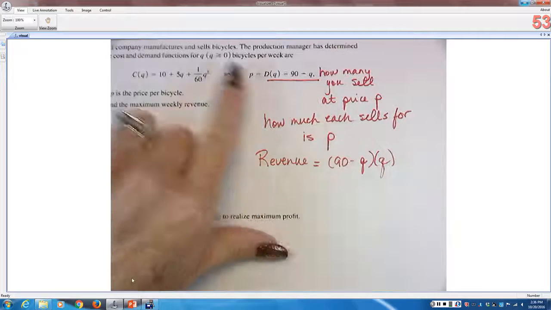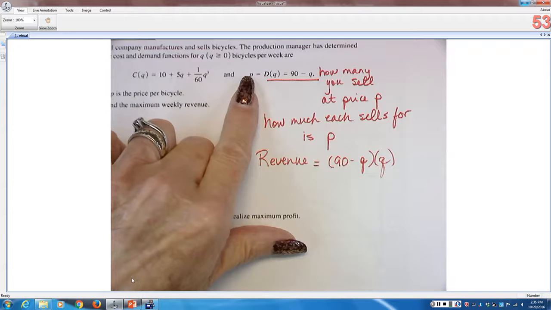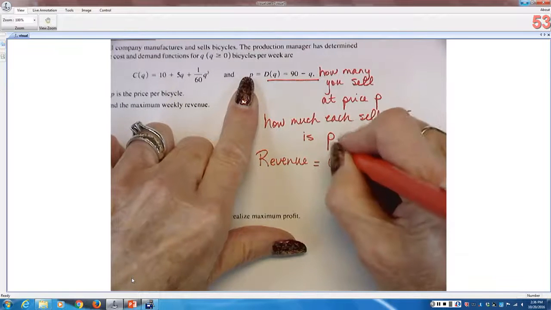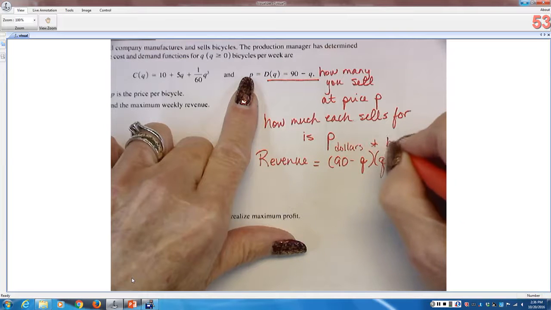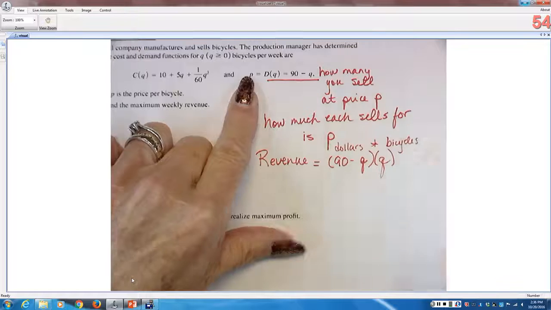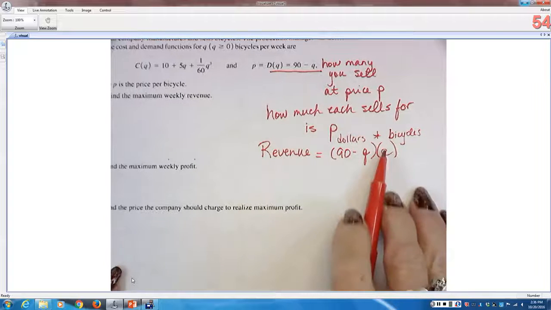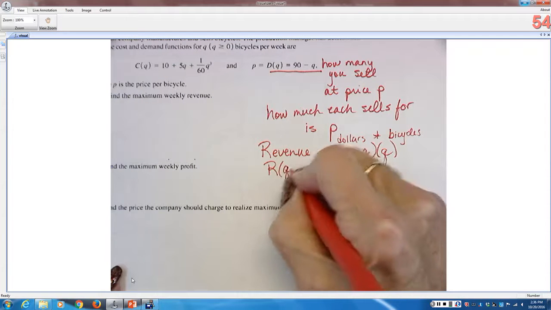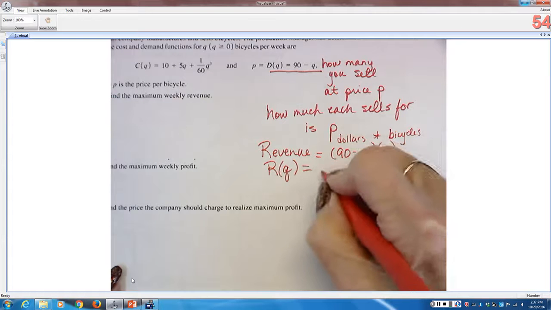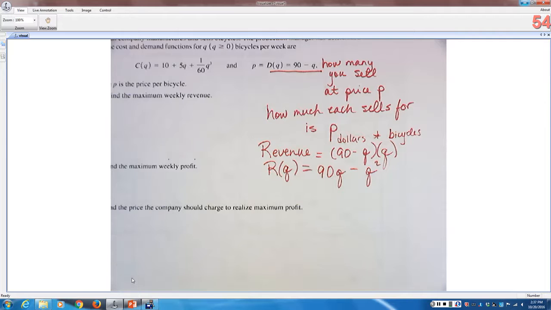Okay? Q is the number of bicycles. So there's your price, P, in dollars, times Q, bicycles. So there's your revenue function. Your revenue function, notice, is in terms of Q, how many bicycles you sell.